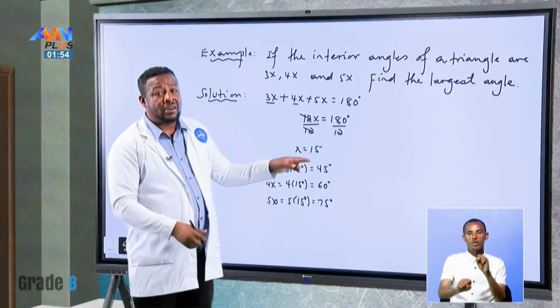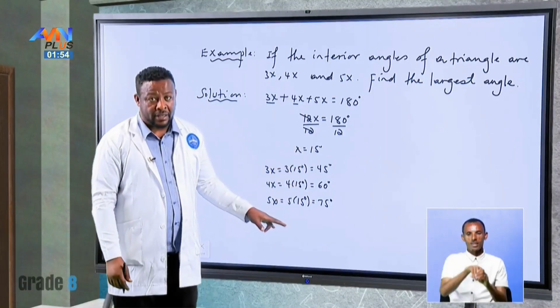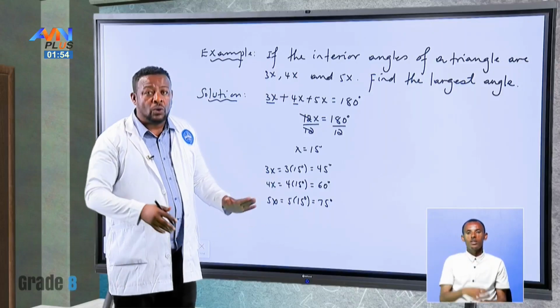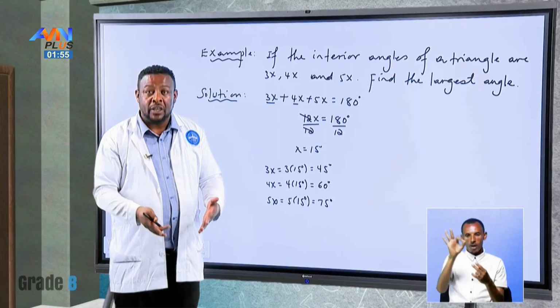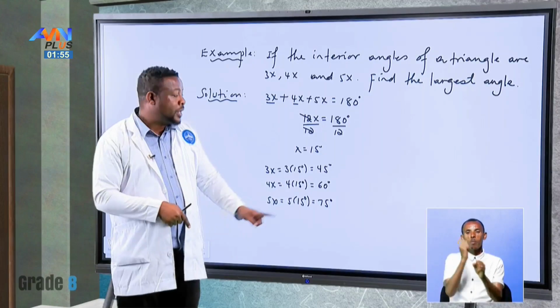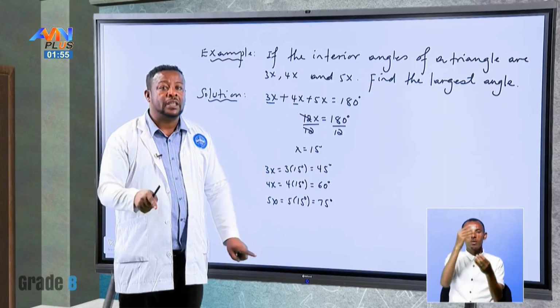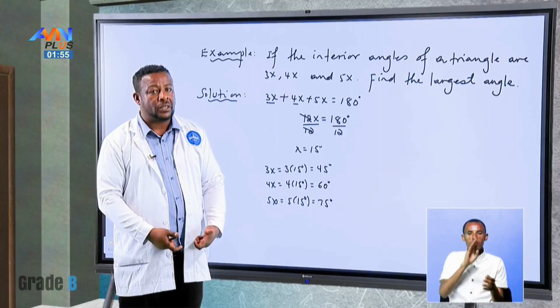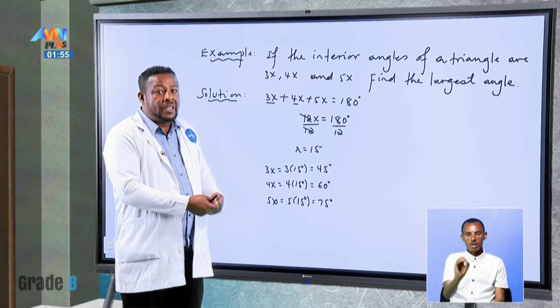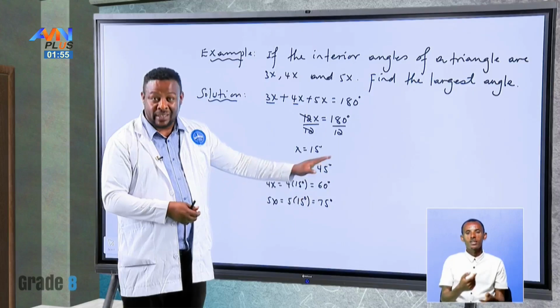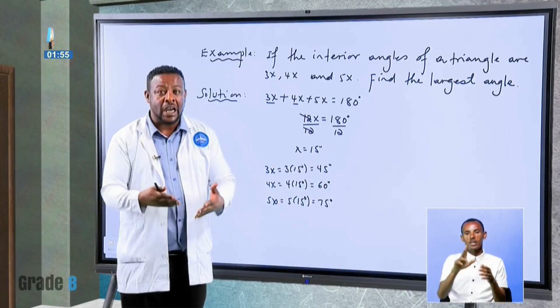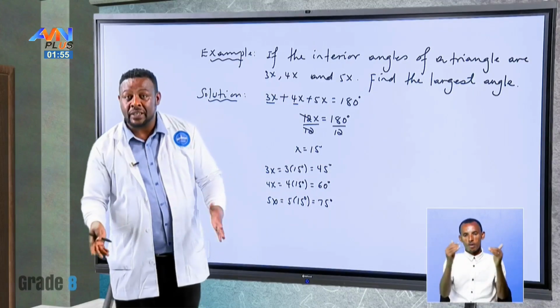So these are the interior angles, okay? Before you find the largest of these three, you have to make sure that the sum of these three must be 180 degrees, right? I will leave this checking for you, to check whether these three add up to 180 degrees or not.